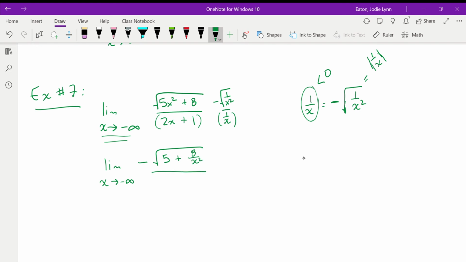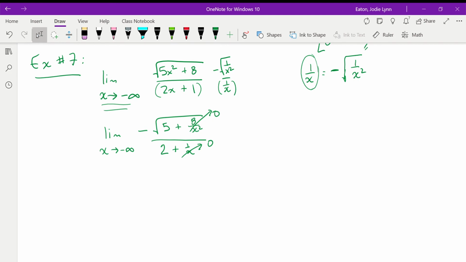And then down here we get 2 plus 1 over x. Okay, so this one is going to head to 0. That one is going to head to 0, as we plug in negative infinity. It doesn't really matter whether it's heading to it in a positive or negative way, because it's still going to be 0. So this ends up being equal to negative root 5 over 2.